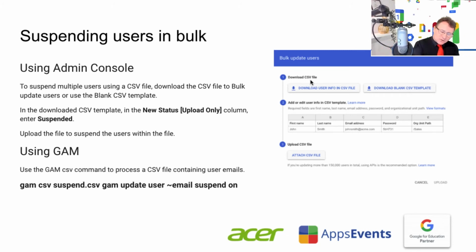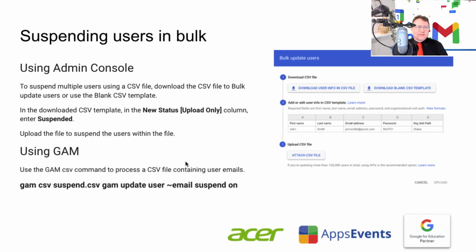Or you can download all your users, filter out the ones that you don't want, delete the rows that you don't want to suspend, and then add suspended to the column new status upload only for those you want to suspend. And similarly, you can use a CSV file containing the email addresses of the users you want to suspend in GAM to use the GAM bulk CSV commands to update and suspend multiple users in one go.